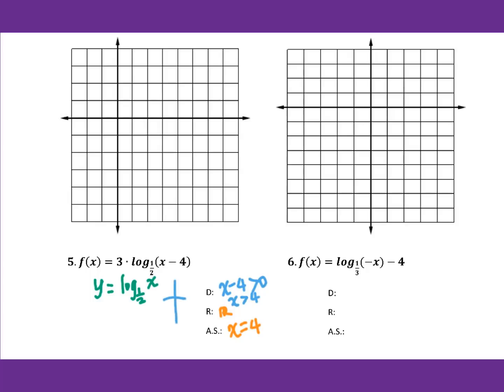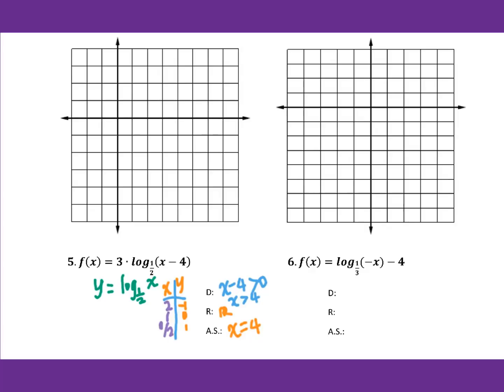So for that table, you have x, y. You got the -1, 0, 1. 1/2 to the negative first power, that will be 2. 1/2 to the 0 power is 1. 1/2 to the first power, that will be 1 over 2. Therefore, we draw asymptote line first.